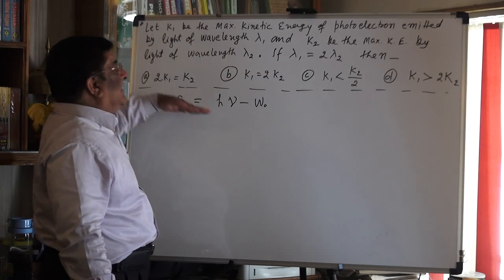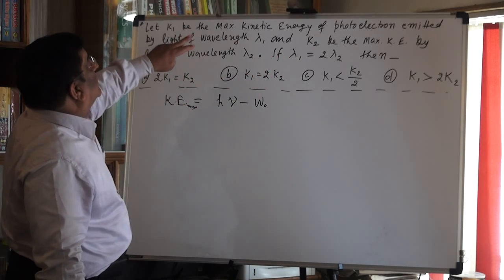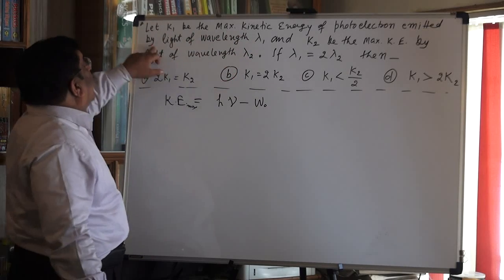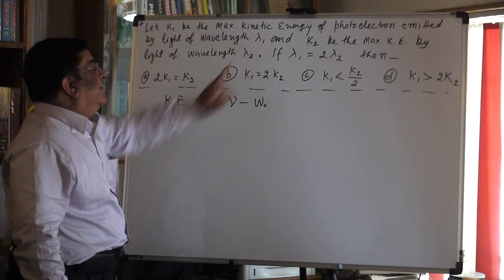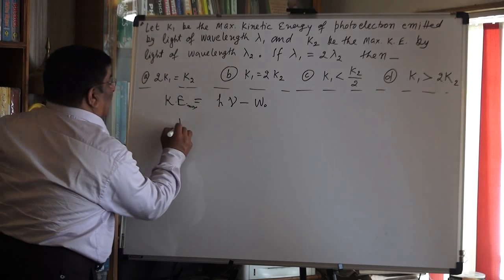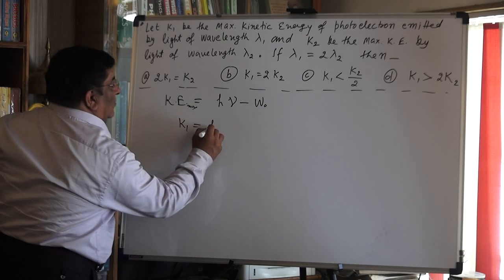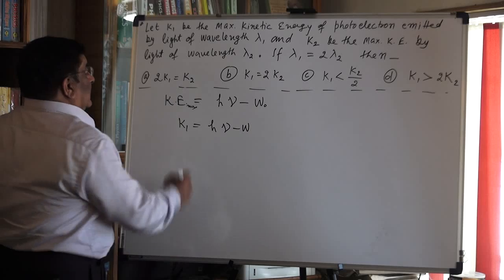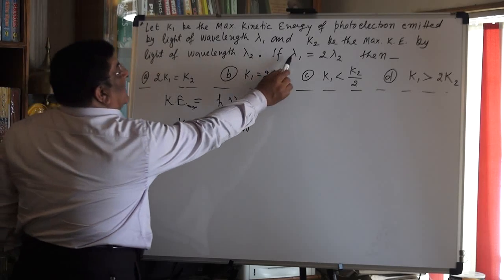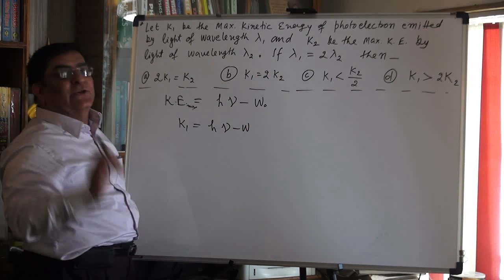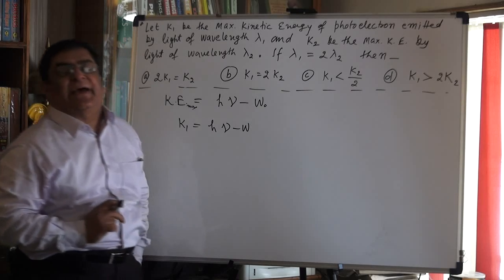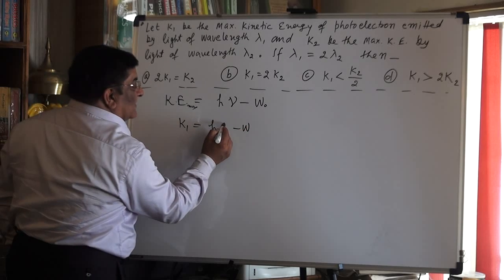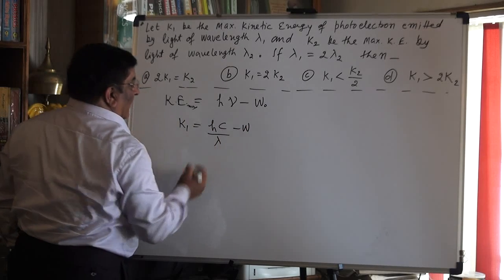Now we will put in the values for the different kinetic energies. K1 is the maximum kinetic energy emitted by light of wavelength lambda 1, so K1 is equal to h nu minus W. Since the wavelength is given, we should use a formula which has lambda in it, so we change it to hc upon lambda.